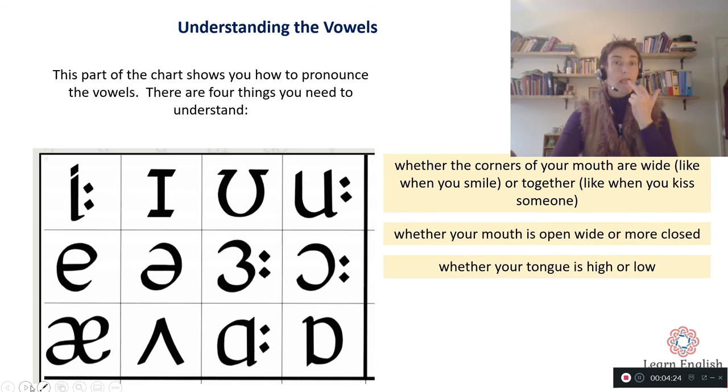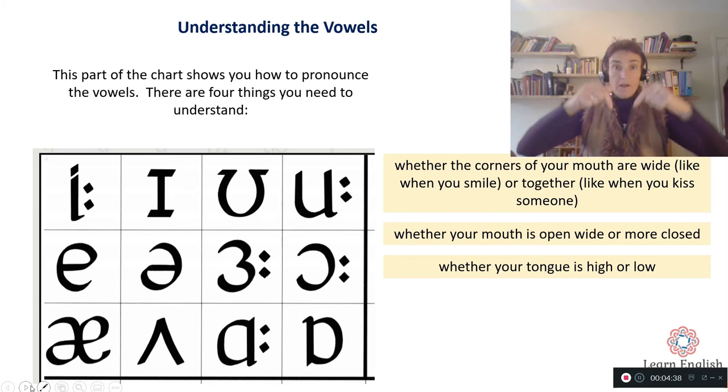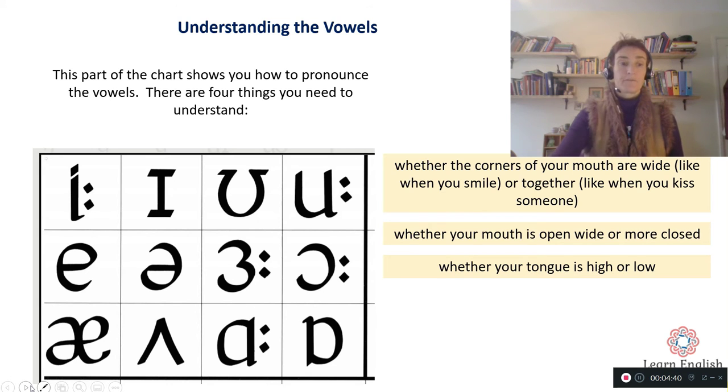You also need to think about your tongue, and one thing you need to know is whether your tongue is high in your mouth, so touching the top of your mouth, or whether it's low down in your mouth.